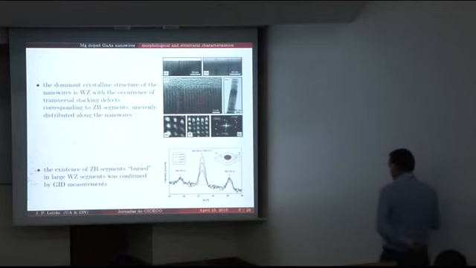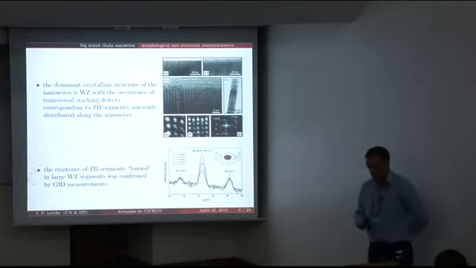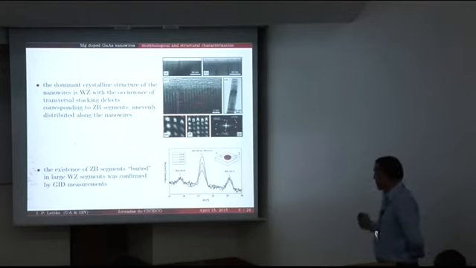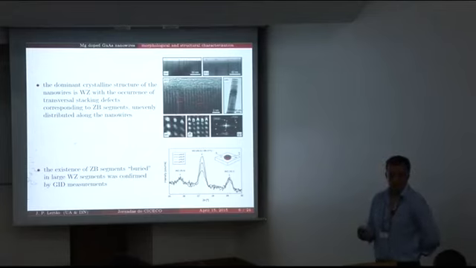So, due to the fact that we have underneath the nanowires the presence of an epitaxial layer, when we are trying to investigate the nanowires by X-ray diffraction, we always have the influence of that epilayer.